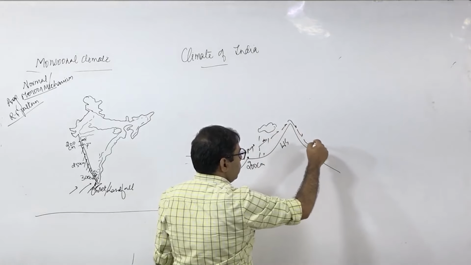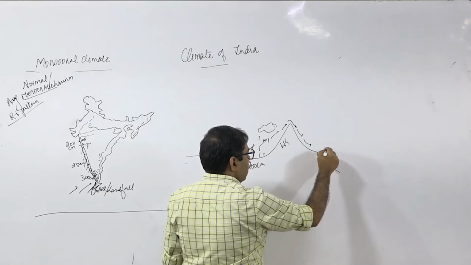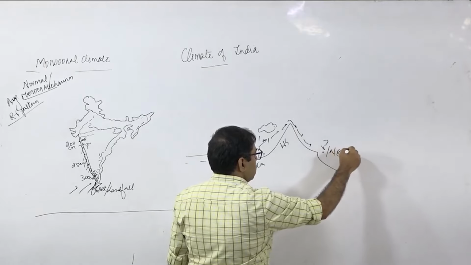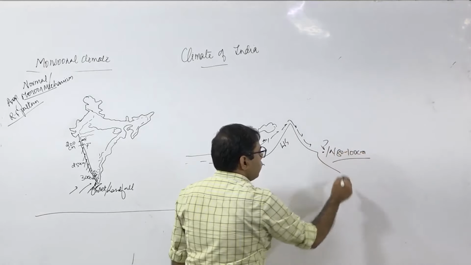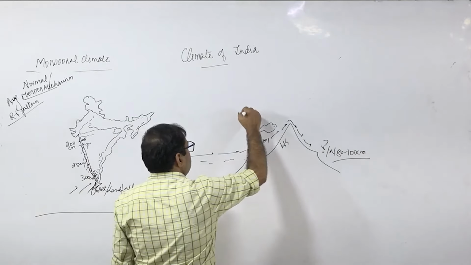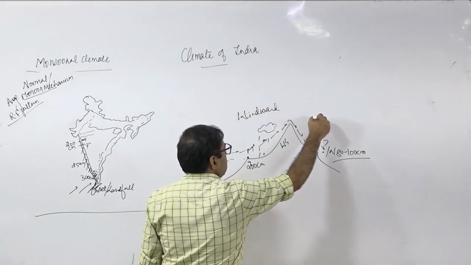So, there is adiabatic heating of the wind. So, there is Pune and Nasik. There is 80 to 100 centimeter rainfall because of leeward position. This is called the windward location, this is called the leeward location.